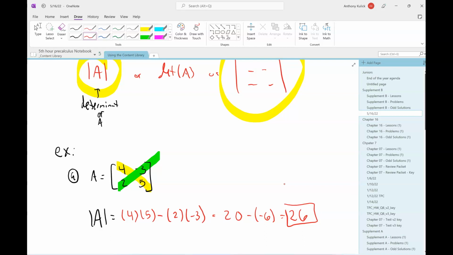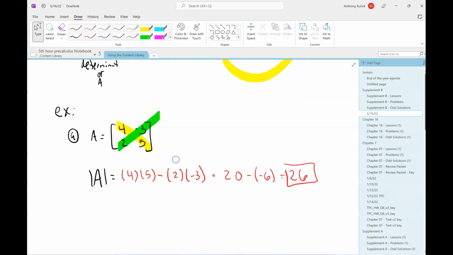Two by two, very easy, right? Simple formula, easy to remember, it's very visual. Any questions on that? Okay.